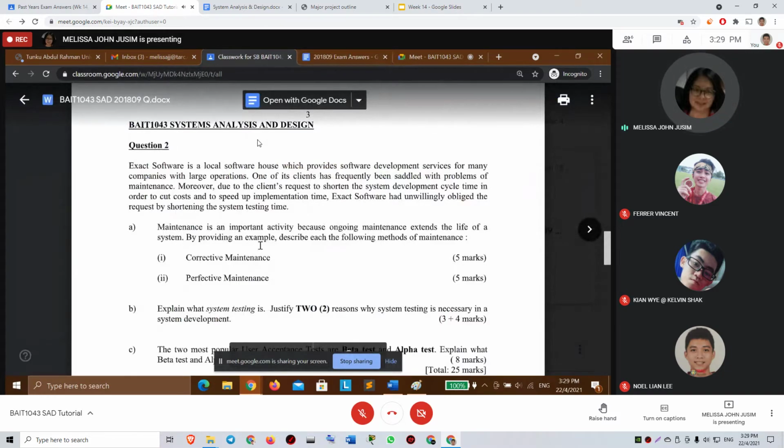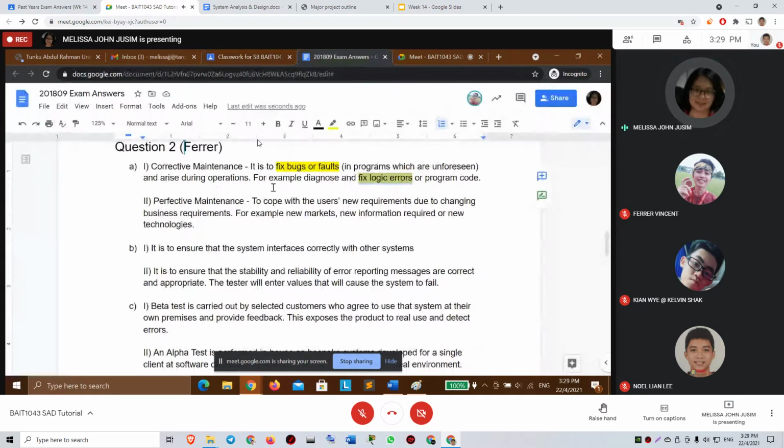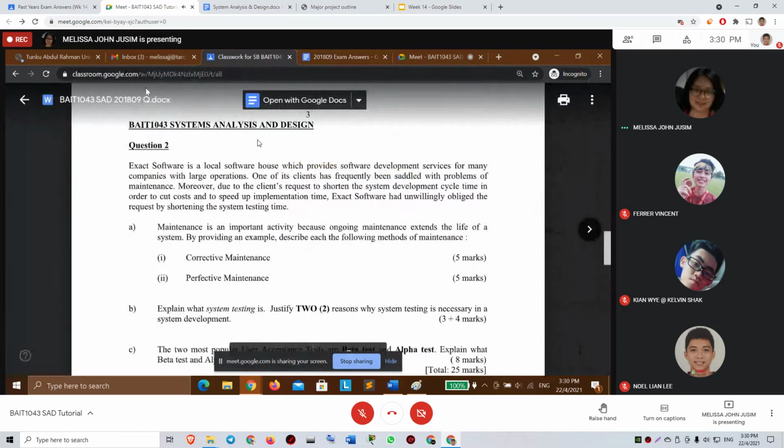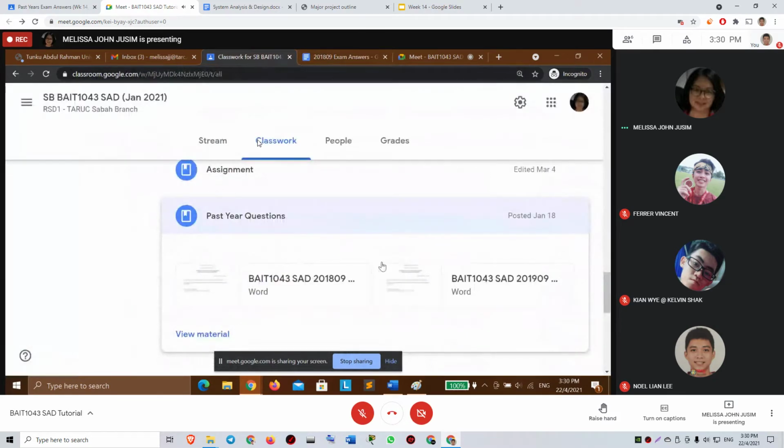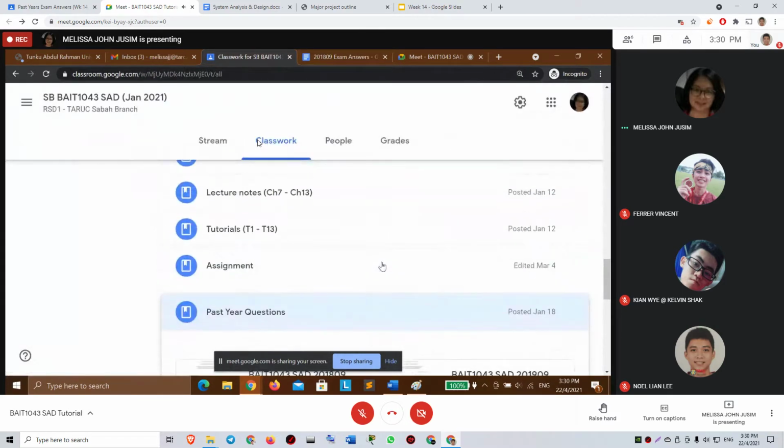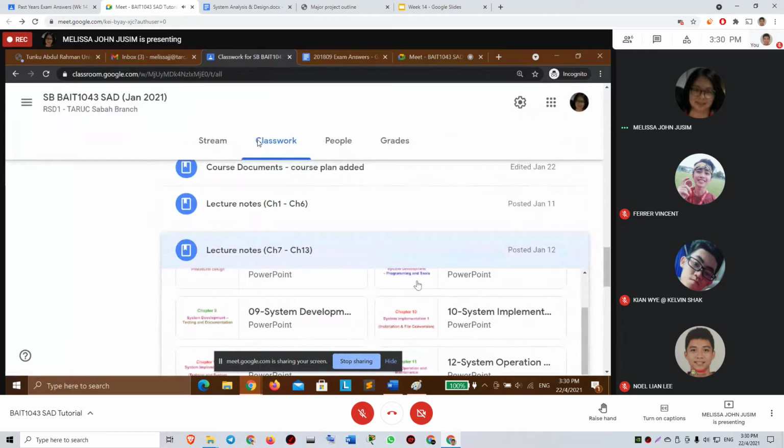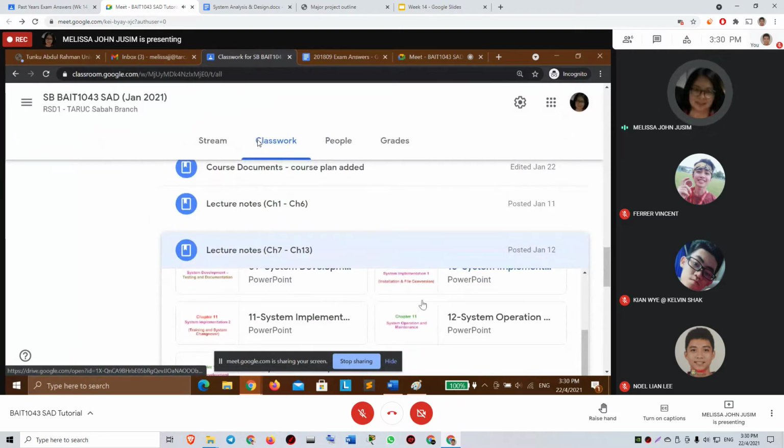Provide one example is enough. And then perfective maintenance, it's about changing of a business requirement. I think more than that. Okay. Perfective maintenance.